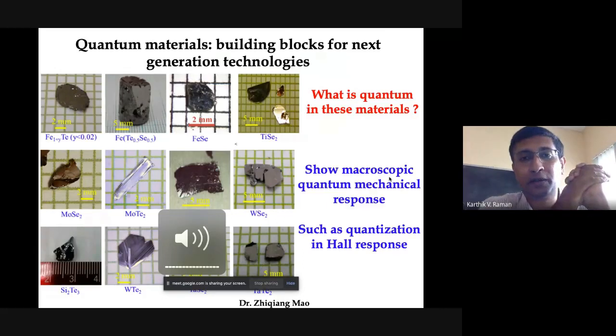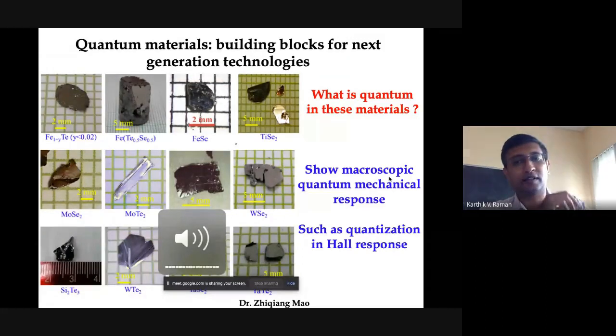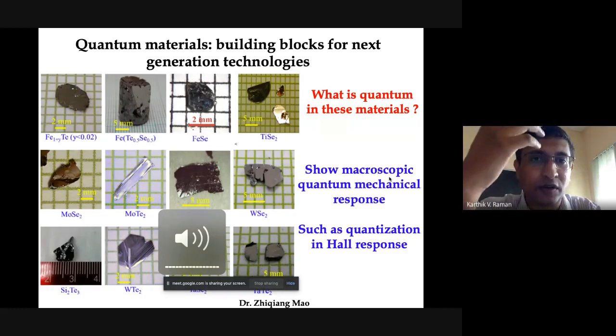As I gave you an example of what we call silicon technology, it was driven essentially by bulk crystals of silicon. But in the quantum age, we're talking about a different kind of material. These materials, which we call quantum materials, are primarily made of exotic compounds, mostly chalcogenide and telluride systems, as I've shown here, especially selenides and tellurides. As you can see here, these are all macroscopically bulk-like systems, but still we call them quantum materials.